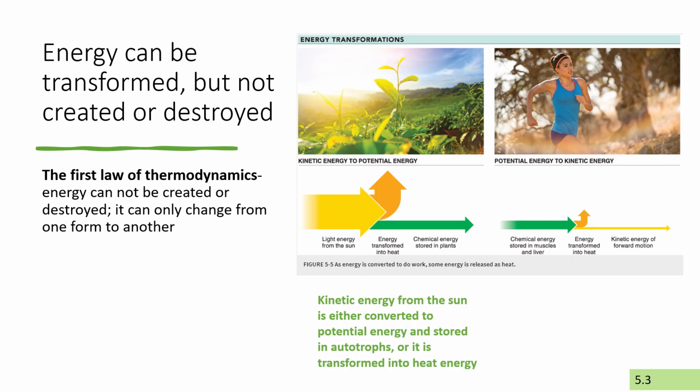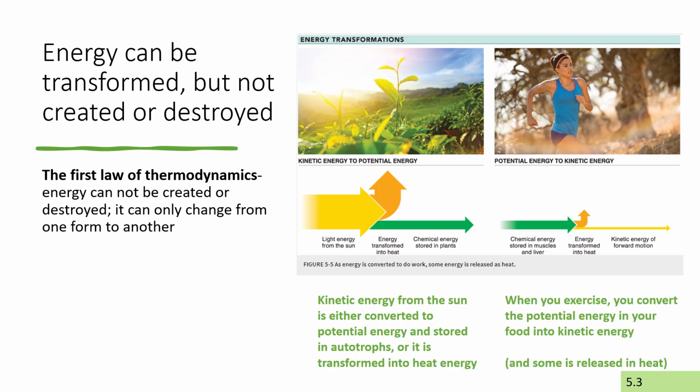Some of the kinetic energy from the sun is absorbed by plants. The rest is transformed into heat. When you exercise, you are converting the potential energy stored in your food into kinetic energy.